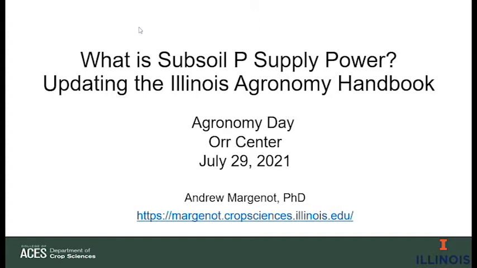So I come to you to share some ongoing work to update the Illinois Agronomy Handbook, and specifically Handbook Chapter 8, I know you all know it by heart, which is on pH, phosphorus, and potassium. The specific update we have in mind has to do with the concept of subsoil P supply power.